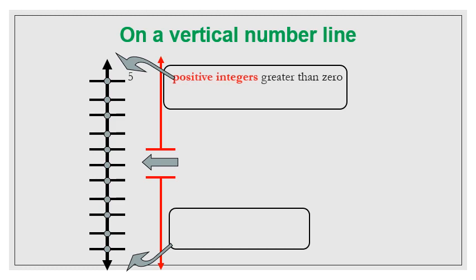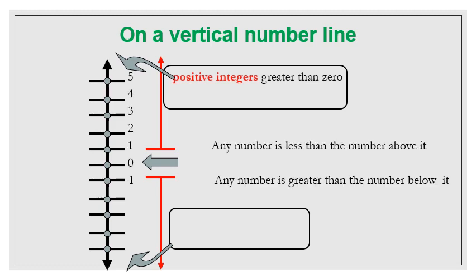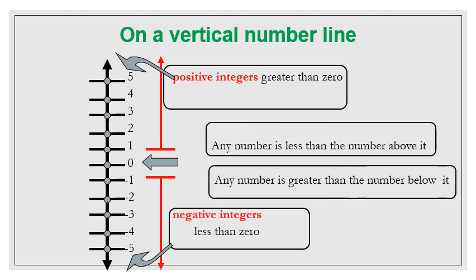On the vertical number line, I have positive integers and negative integers. If I want to compare positive integers to 0, I can say positive integers are greater than 0.